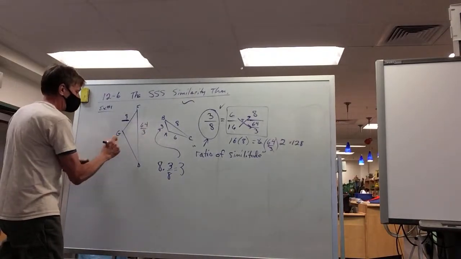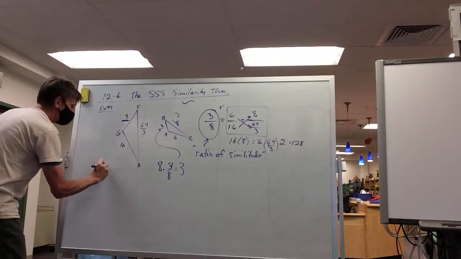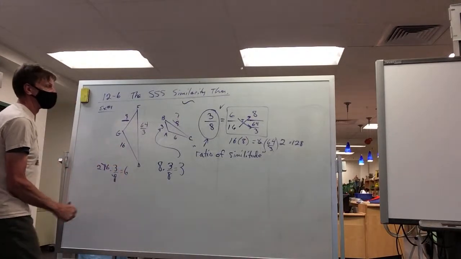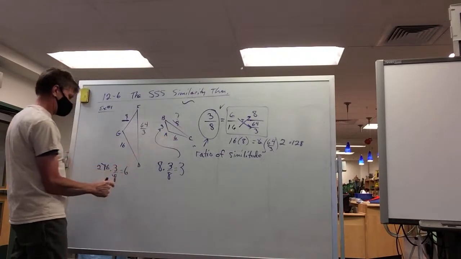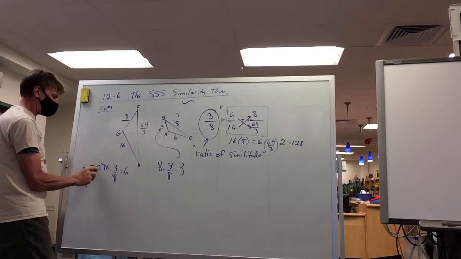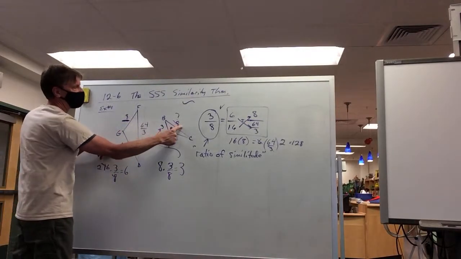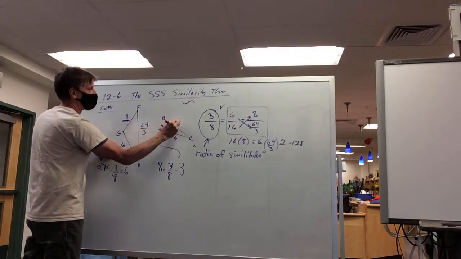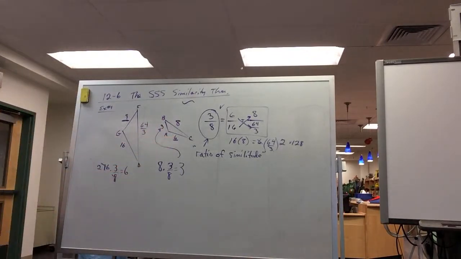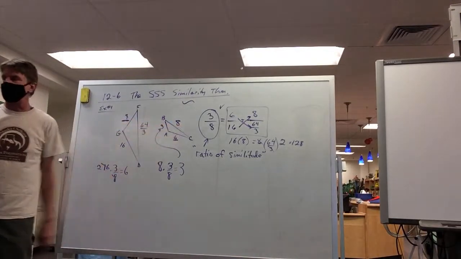For example, if we didn't know what this 8 was, we could take 16, multiply it by 3/8, and we would find, what am I doing? 16 over 8 is 2, 2 times 3 is 6. Oh, so then this side does not correspond to this, does it? Excuse me, this side would correspond to that side. If you took 64ths and you multiplied it by 3/8, then you would end up with that long side 8.